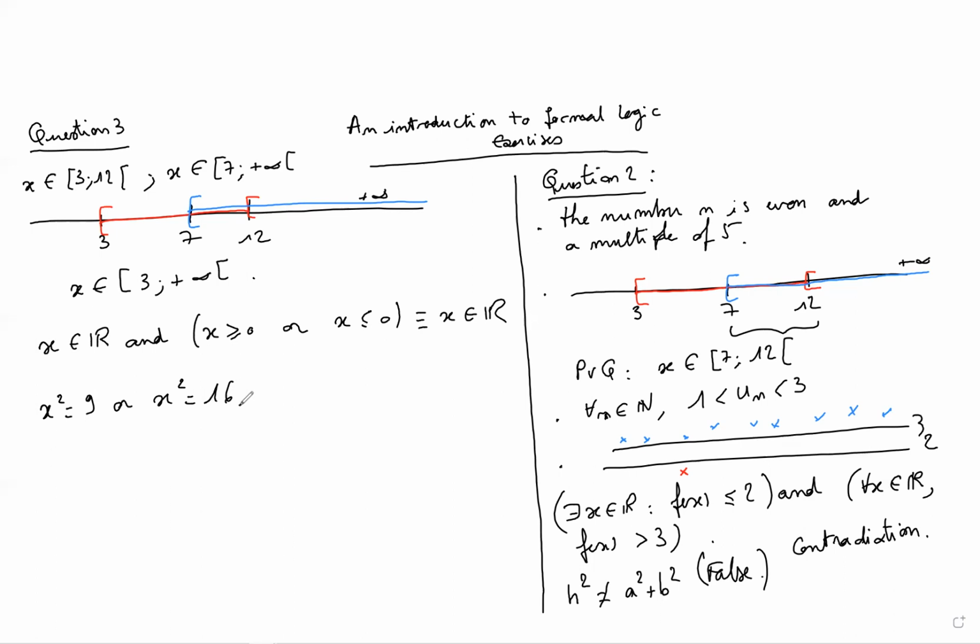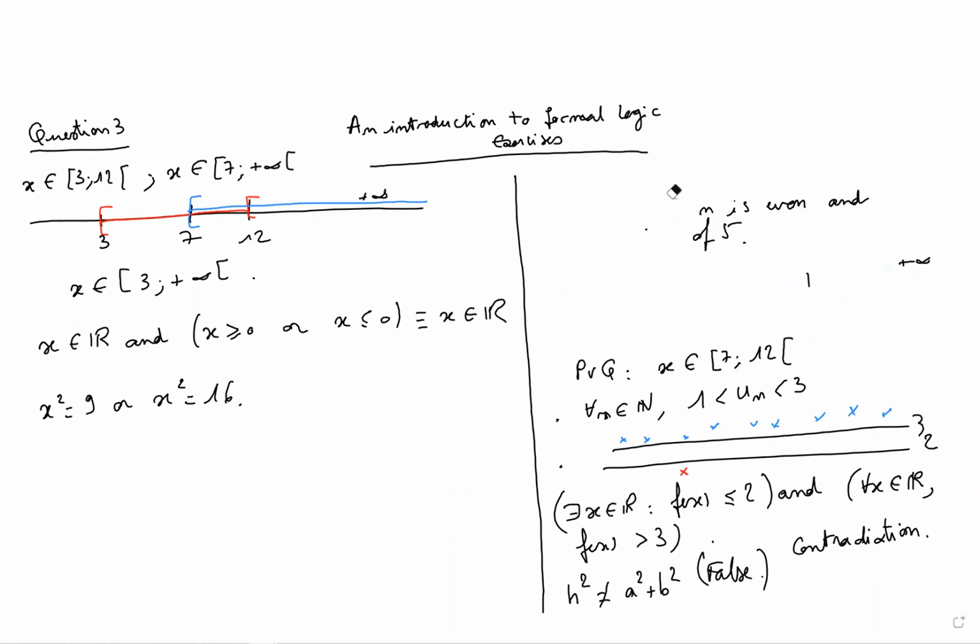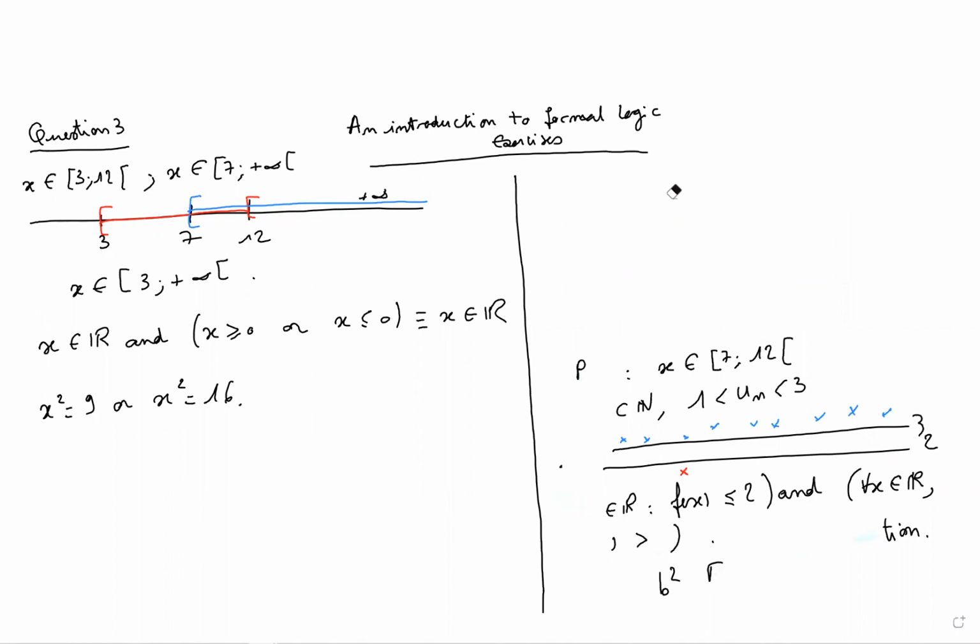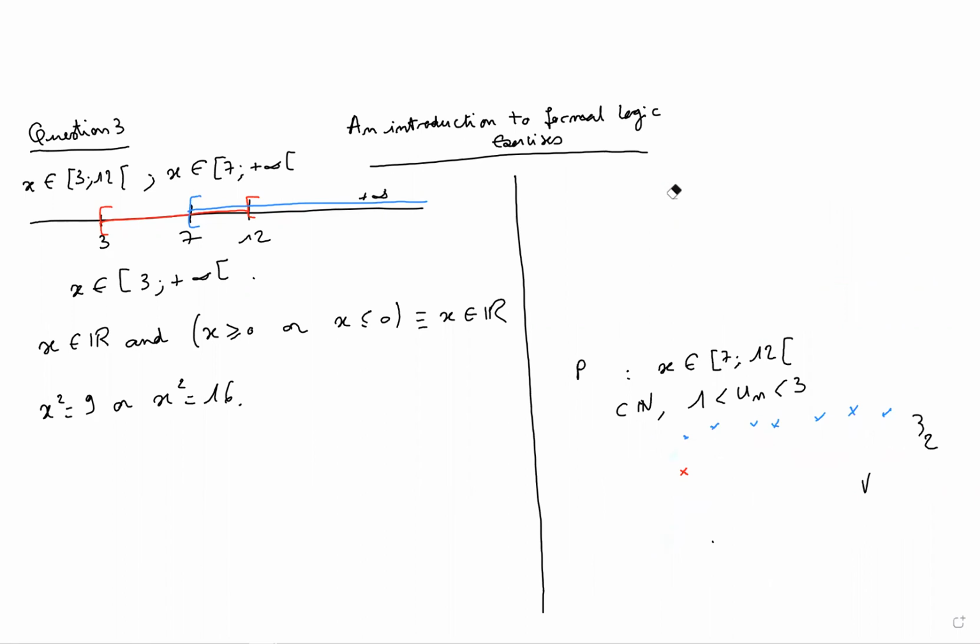Question 4 is slightly more difficult. It's just to have you build a truth table at least once. I've been doing that in my videos, but it's good that you do it for yourself at least once. It's not the simplest one.